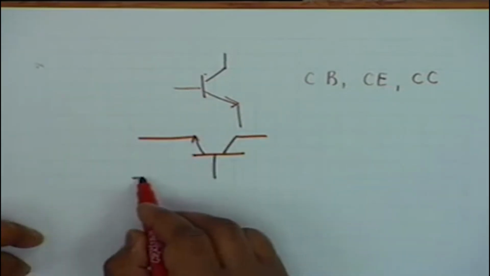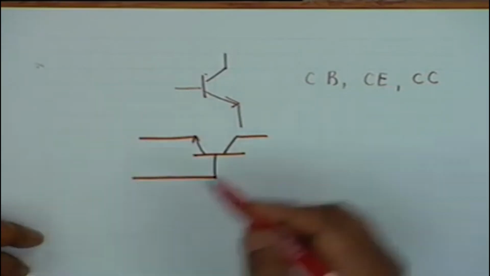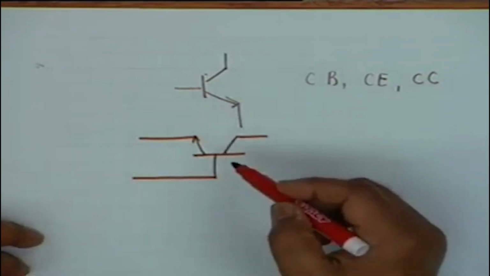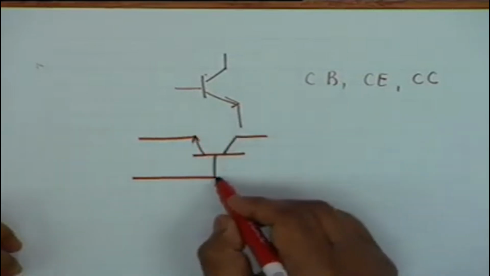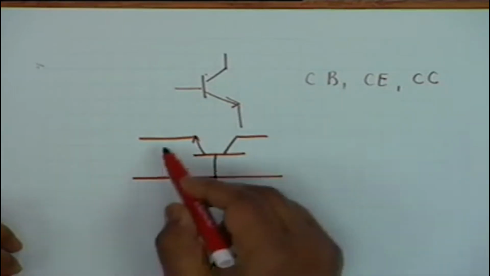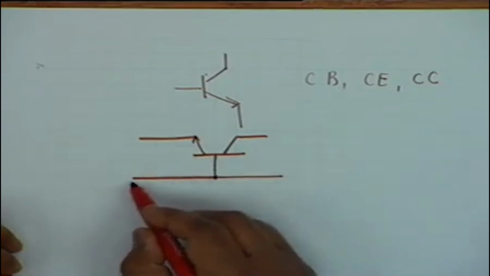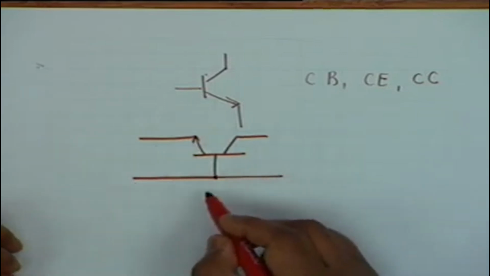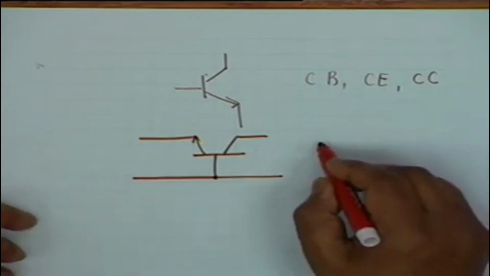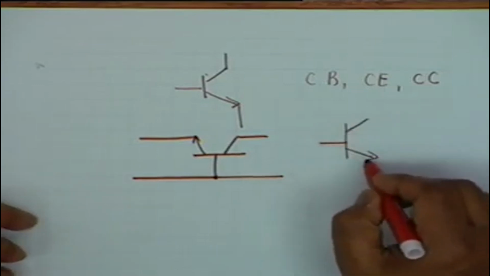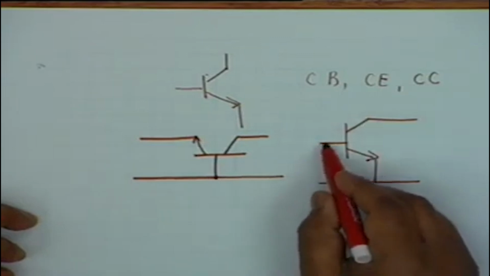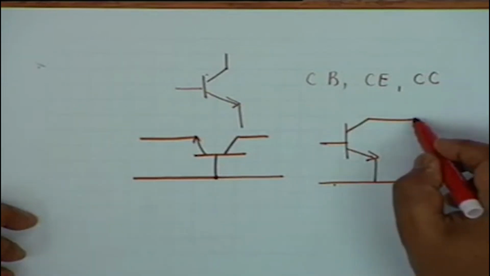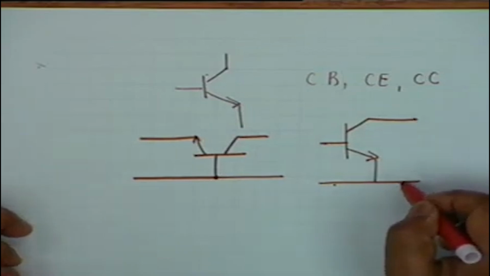That is, you apply your input. What kind of a transistor is this? NPN, not PNP. The arrow goes out. So the base is common between the input and the output, and therefore this is called common base, whereas this is the common emitter connection. Input is between base and emitter, output is between collector and emitter.